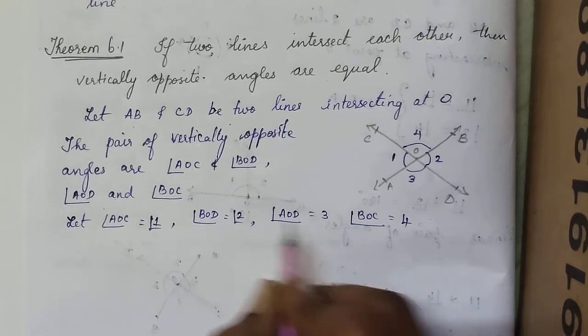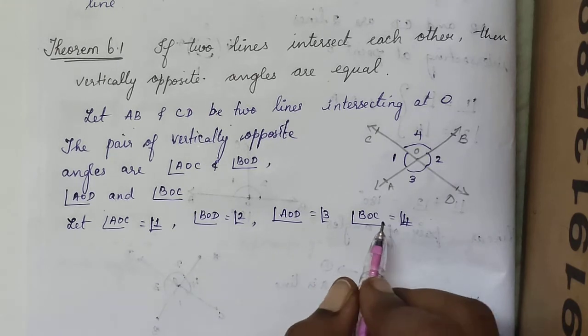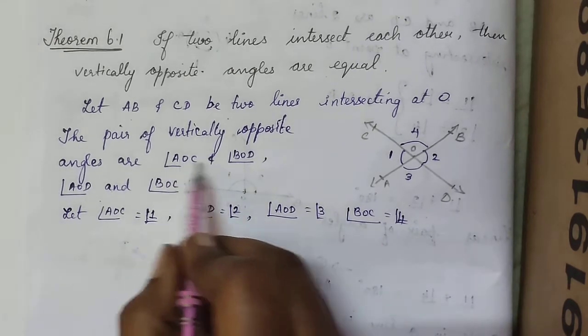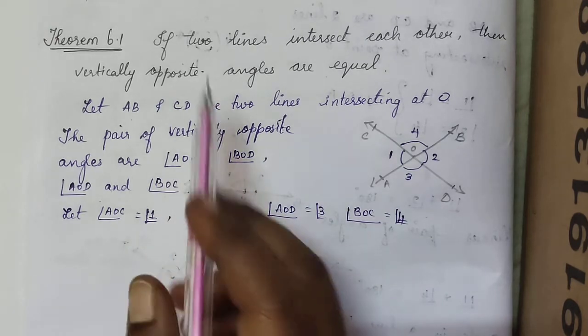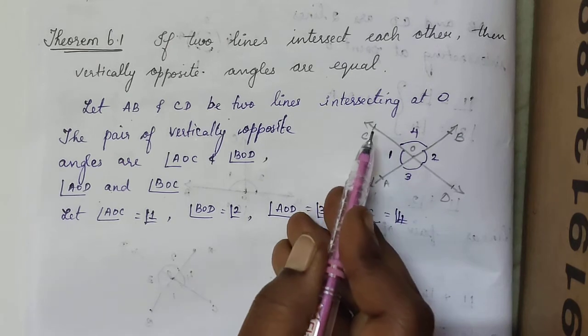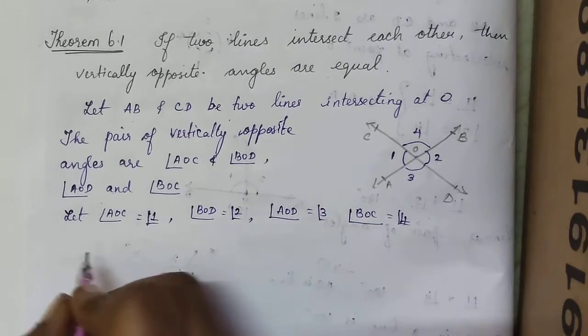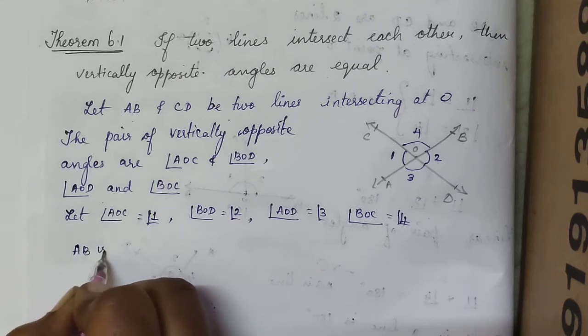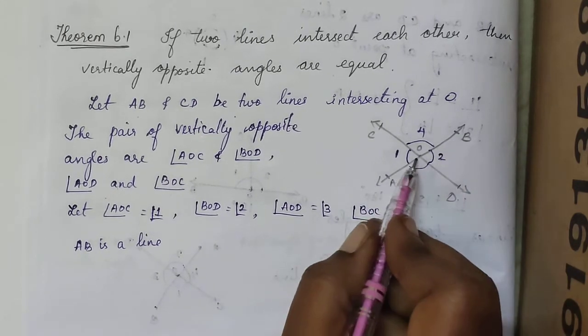These are all angles, so give the angles here. Now we have to prove that AOC is equal to BOD. For proving this, we will be using axiom 6.1. See here, a ray stands on a line. Now let us take AB as a line. AB is a line.